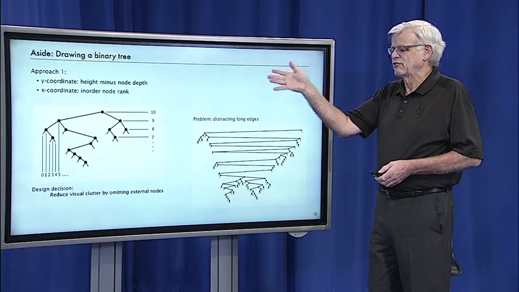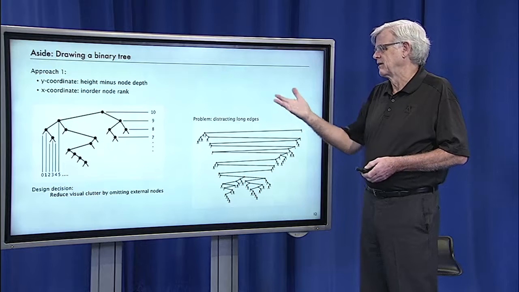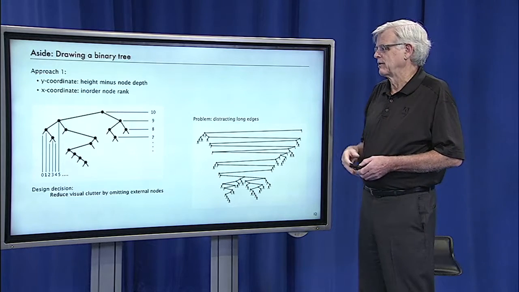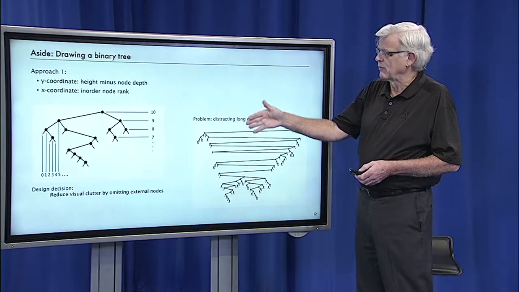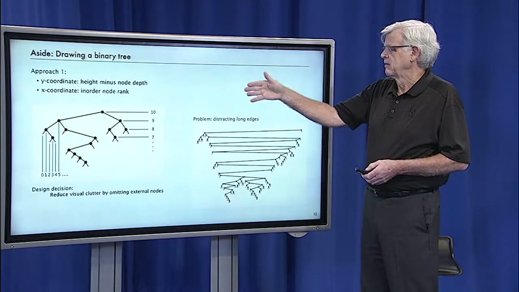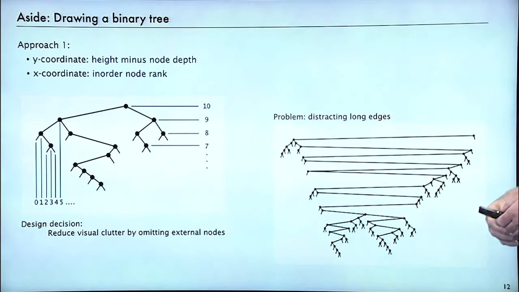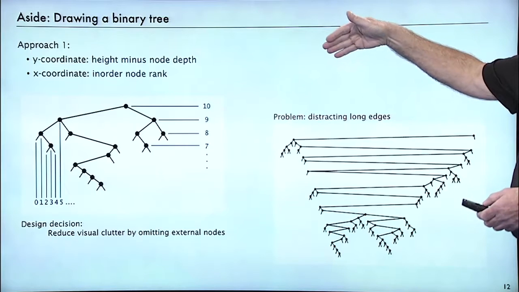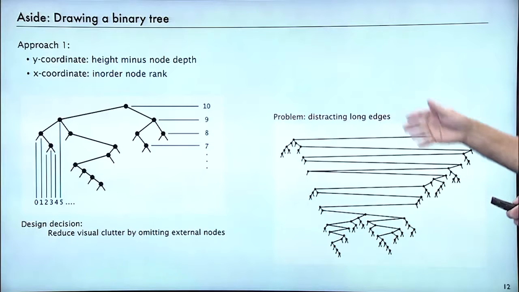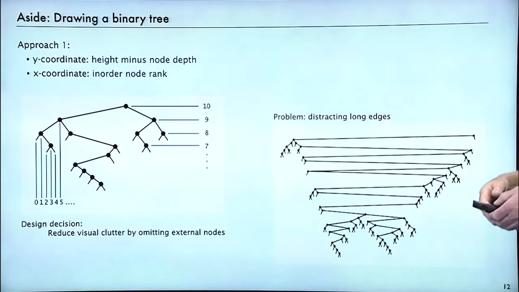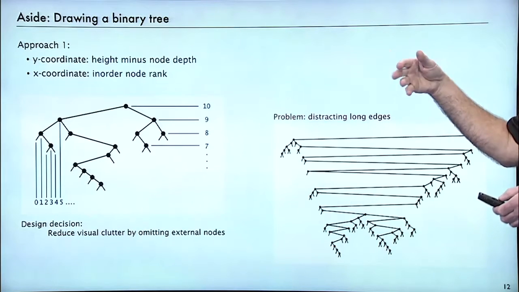So the most natural approach that we use very often, particularly when talking about sorting and searching algorithms, is, well, first of all, the y-coordinate is easy. That's just, well, it's the depth, but since they go down, it's the height minus the depth. So we start with the root at the highest and then just subtract 1, so we know the y-coordinate of every node.